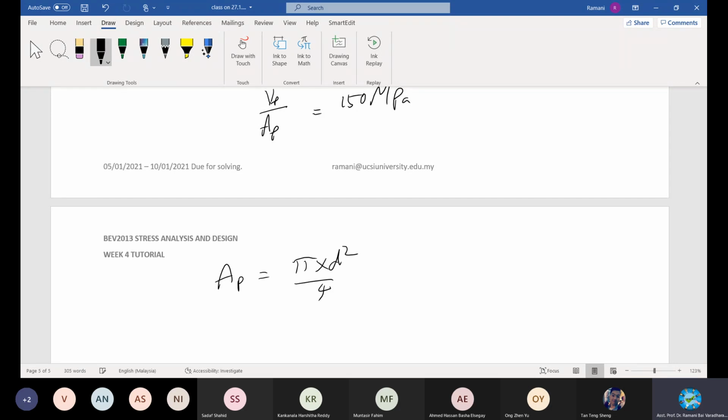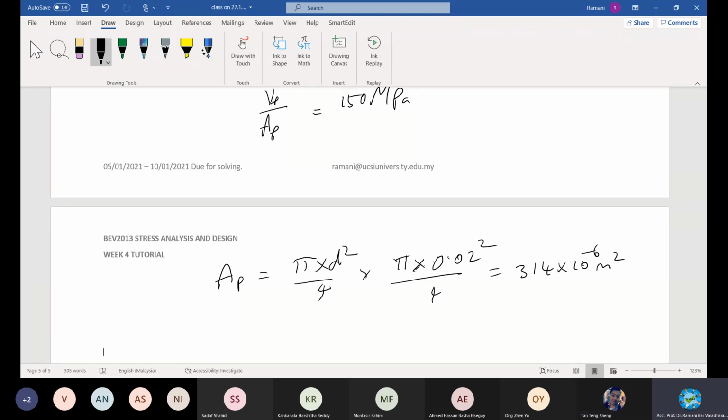For the whole pin, the whole pin is sheared, so pi into diameter 0.02 square by 4. What's the answer? Please give me the answer. I got the area. Are you all getting this answer? Yes, I got the pin area.